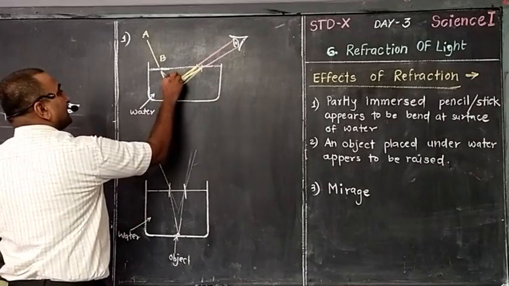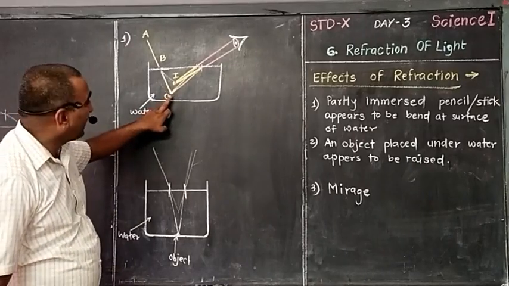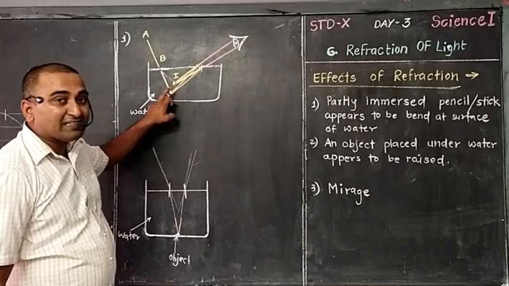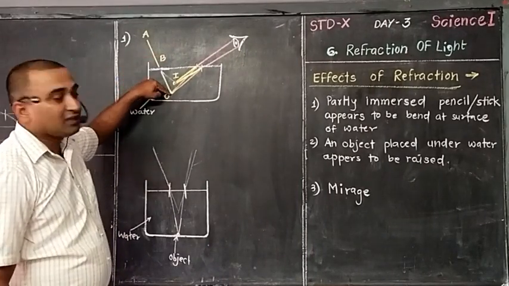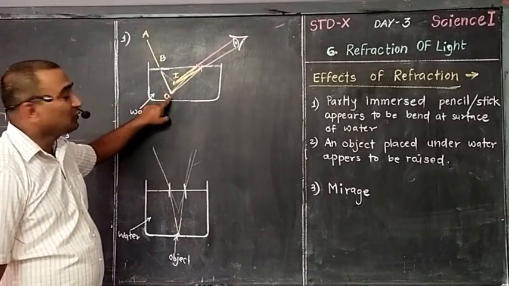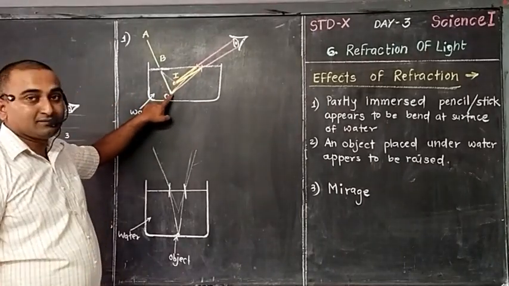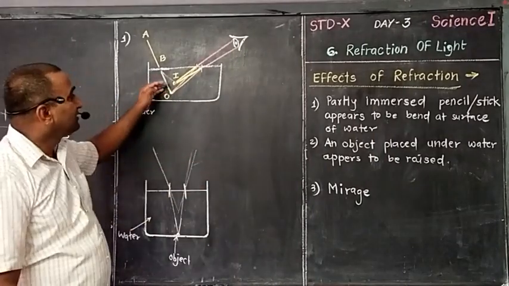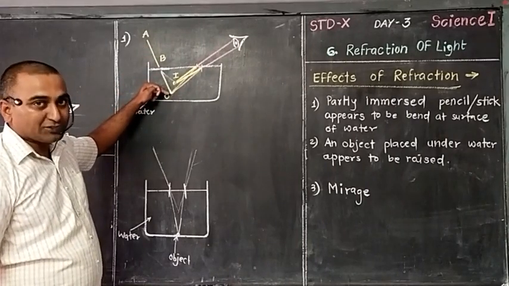That point is I. Though the point is inside the water at point O, the person is observing that point a little higher than the original position. So what is O? O is the exact position of the point. And what is I? It is the apparent position. It appears a little higher than the original position.